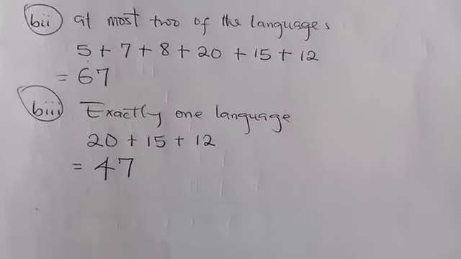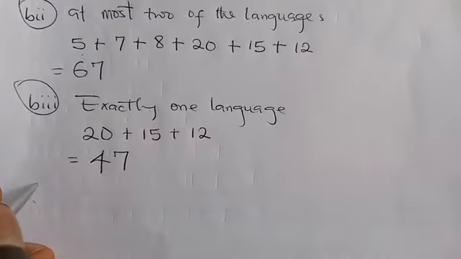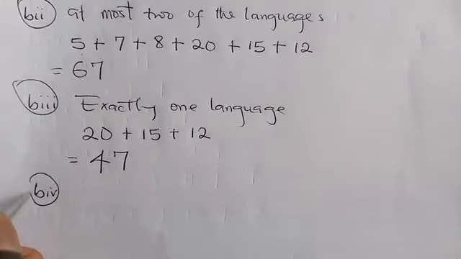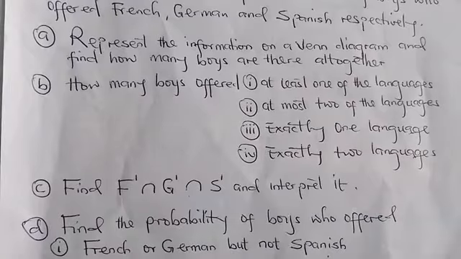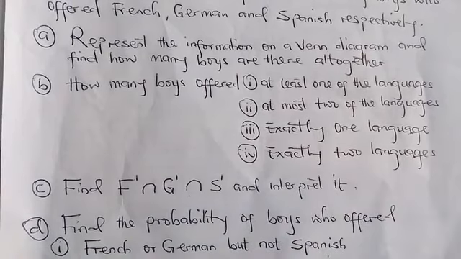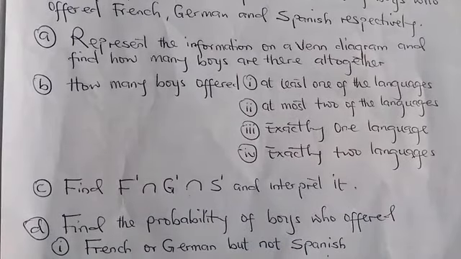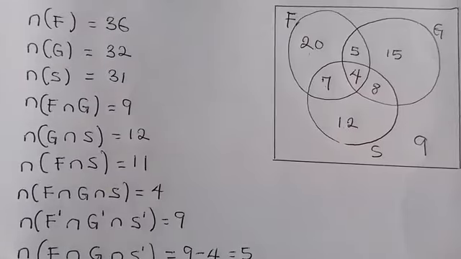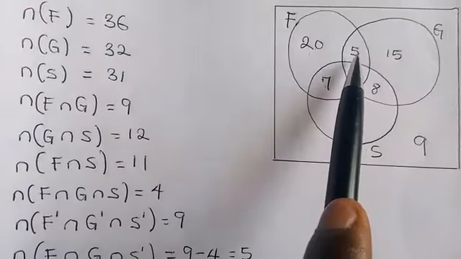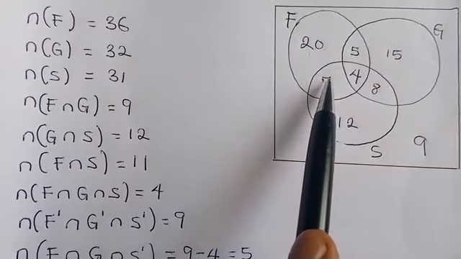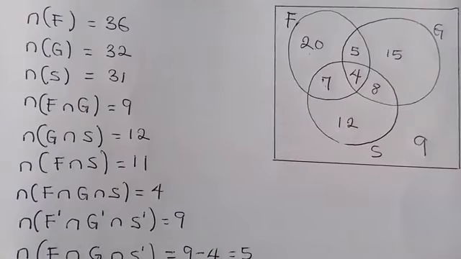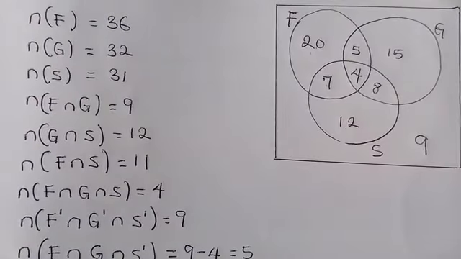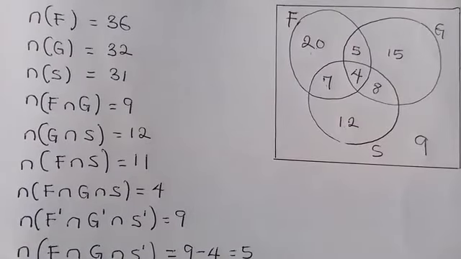The last one under the B part of this question, we are to find how many boys offered exactly two languages. For exactly two languages, we are going to consider the point of intersection between French and German, French and Spanish, and German and Spanish. And that's 5 plus 7 plus 8.